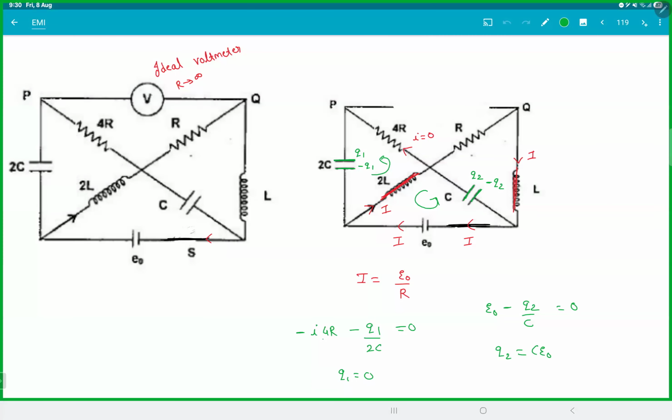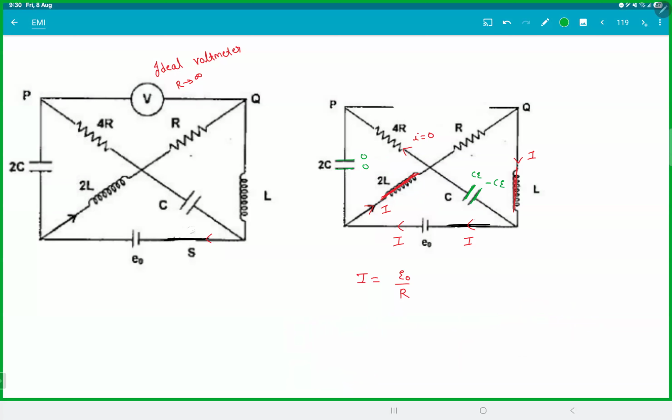So now if you open the switch, so this was 0, this was 0, this was CE naught, and this was minus CE naught. Now see what happens.